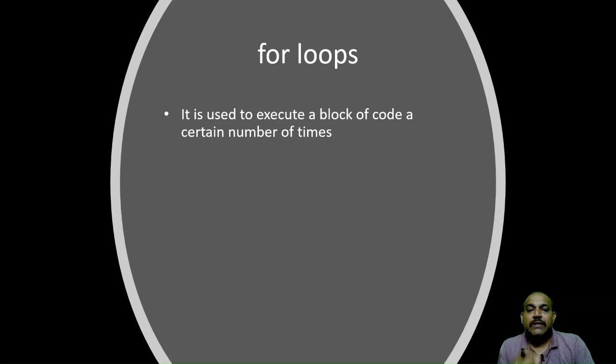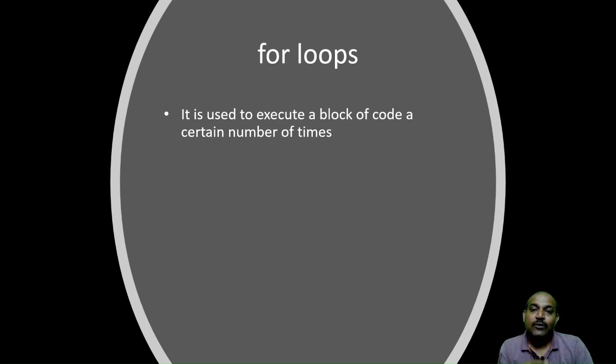For loops are used whenever we need to repeat a block of code a certain number of times, and we know how many times the loop has to execute. Whereas in the other videos, when I was talking about while loops, they are used when we don't know the exact number of iterations to be done.